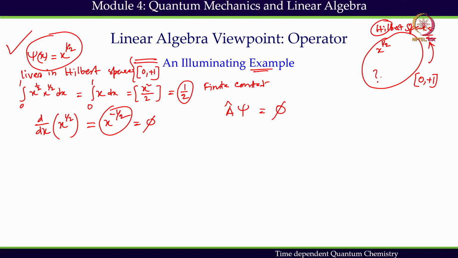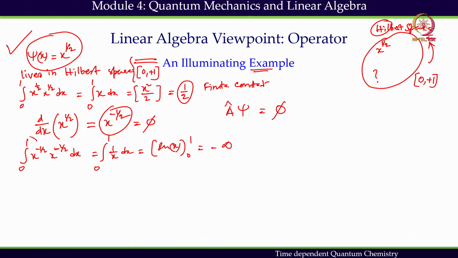That is the first thing we will check, and for that we again carry out the integration, with limit 0 to 1, of x to the power minus half times x to the power minus half dx. We get the integral of 1 by x from 0 to 1 dx, which is ln x from 0 to 1, which is minus infinity.